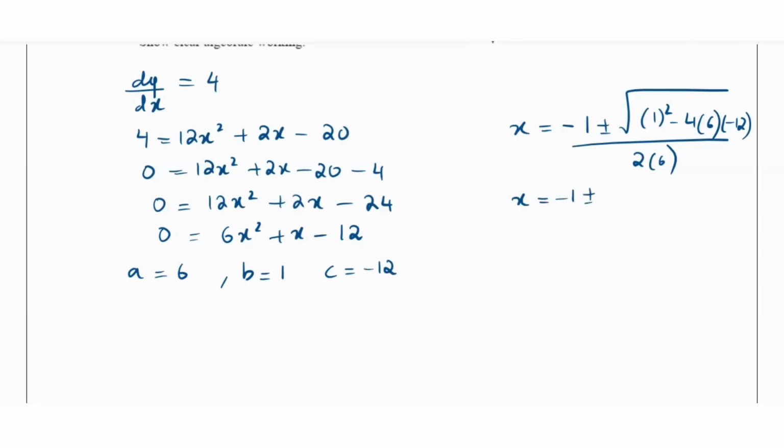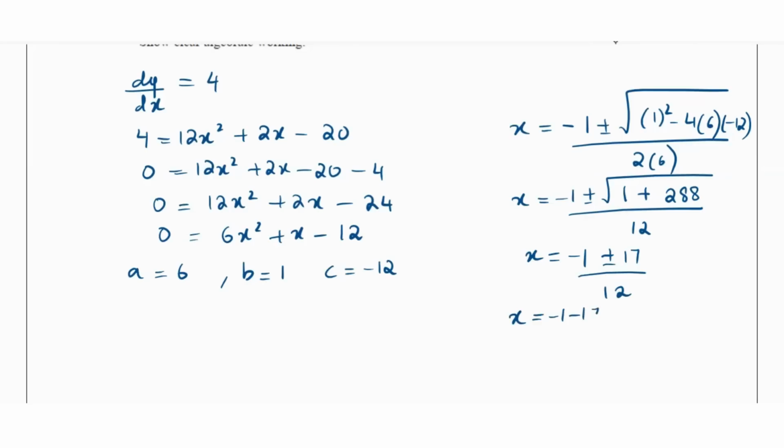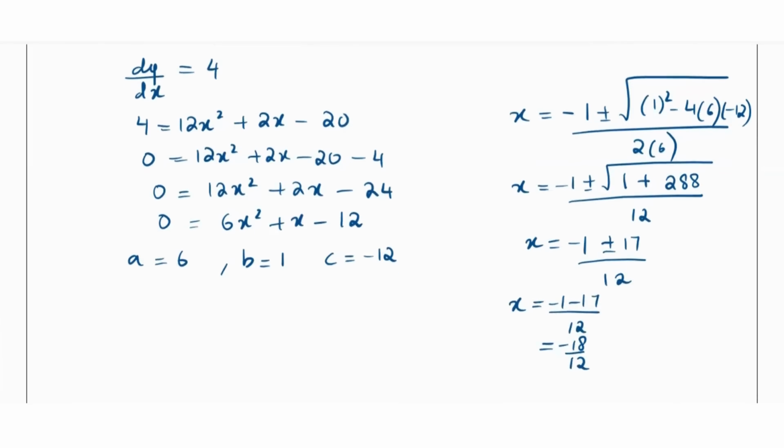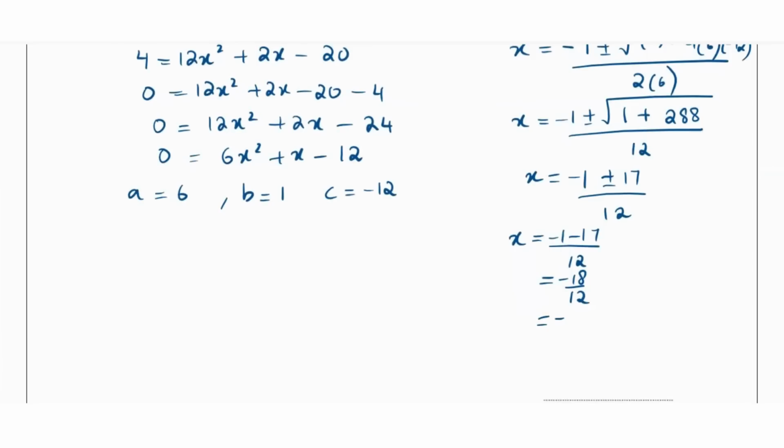So that's -1 plus minus root of 1 plus 4 times 6 times 12, which is 288, over 12. So 288 plus 1 is 289. And square root of 289 is 17. So we create two separate fractions for x. One is -1 minus 17 over 12, -18 over 12, which simplifies to -6 over 4, which is -3 over 2.